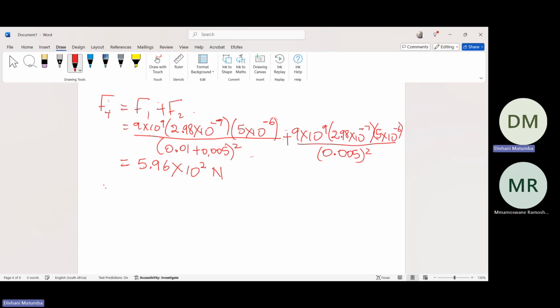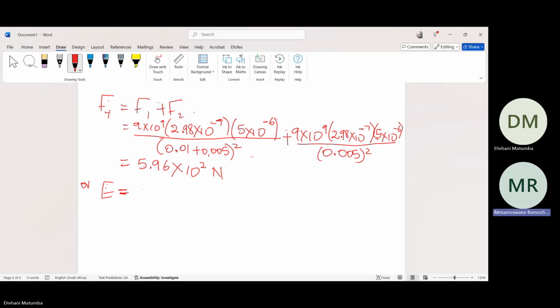Okay, what is the definition of electric field? Electric field is a region in space where an electric charge experiences a force. Okay. What is the definition of the electric field strength experienced by a charge?